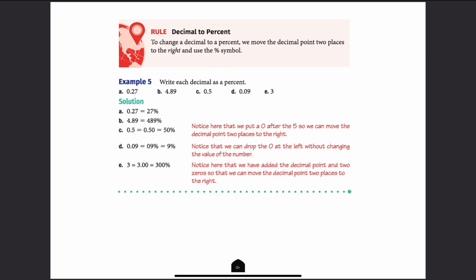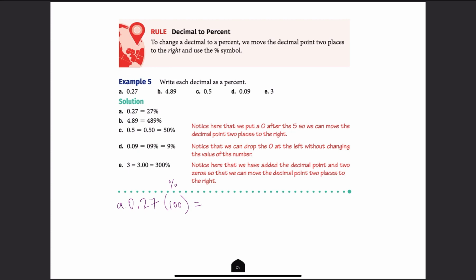So to convert from decimal to percent, to go the other way, what we'll do is, instead of divide by 100, we'll essentially multiply by 100. So let's have a look at this first example here. 27 hundredths. What we'll do is we'll multiply it by 100. That's the percent symbol right there, it's the times 100.